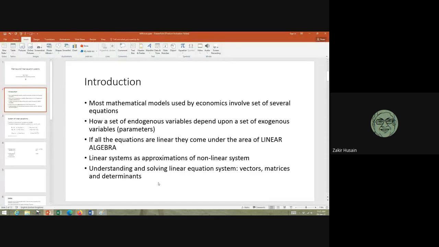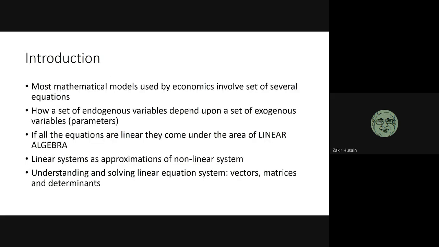So very often we use linear equation systems to model the behavior of agents in markets, consumers, or people who are supplying inputs, or we can combine everything. So households are supplying inputs, they are consuming commodities, firms are buying inputs, they're supplying commodities, and so on.